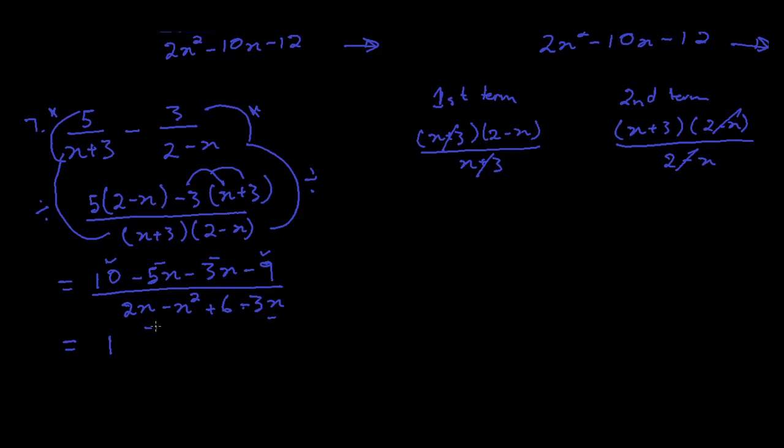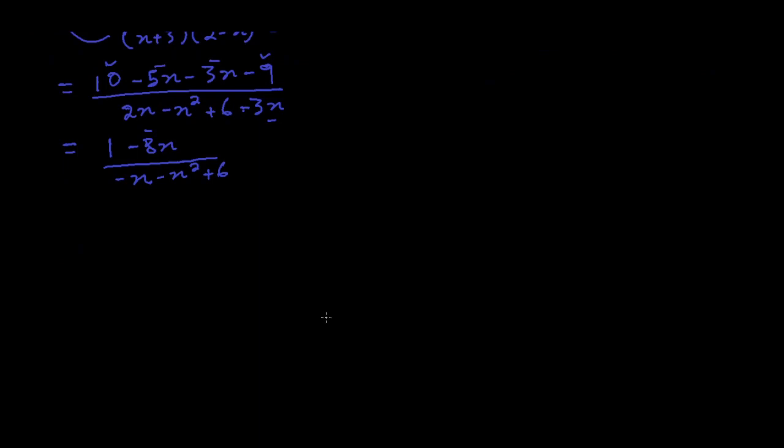The signs are the same, so you simply add the numbers, which is going to bring me to a negative 8x, all over 2x and 3x. It's going to be minus x. Okay, it's minus x. Then it's minus x squared plus 6. Okay, so from here we're gonna rearrange it or simplify it.